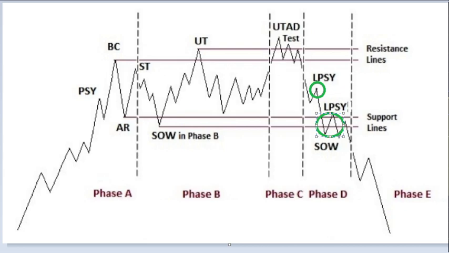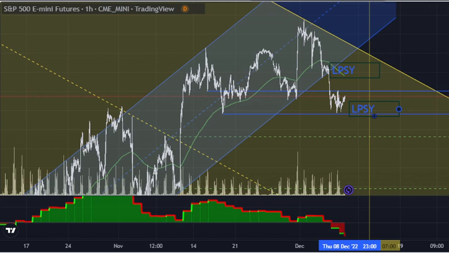The schematic does a very terrible job of showing this, but it usually goes a little bit above the automatic reaction. We have the automatic reaction way up here. We did do a slight thing, so I thought that might be it, but the way that we're moving this morning, there may be a type of UTAD on this LPSY.